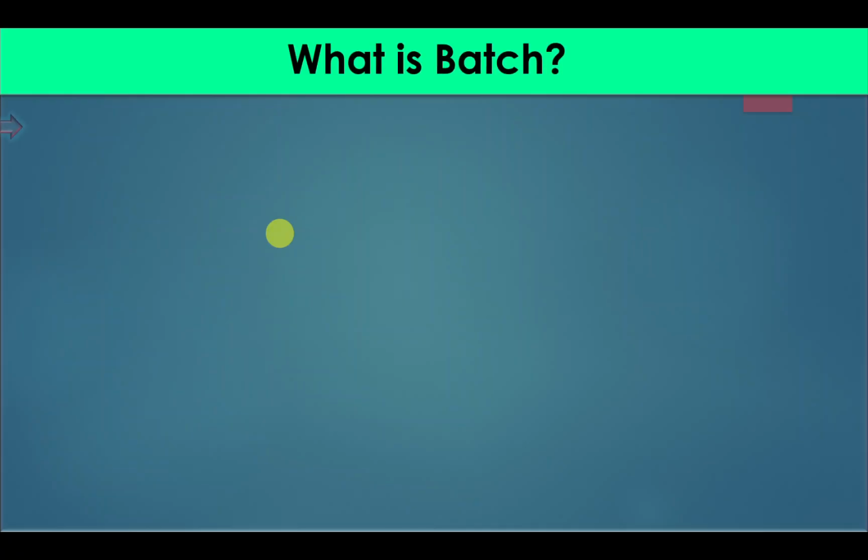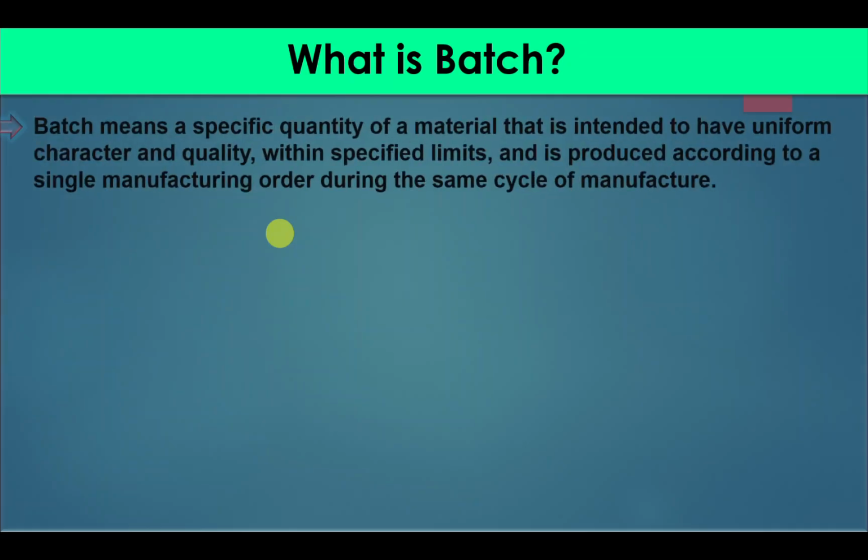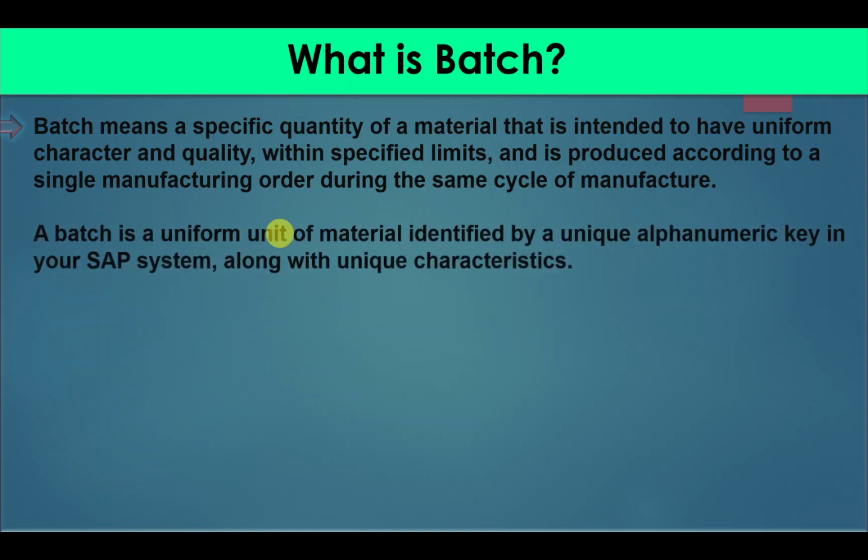First things first, what is a batch? A batch means a specific quantity of a material that is intended to have a uniform character and quality within a specified limit, and it is produced according to a single manufacturing order during the same cycle of manufacture.